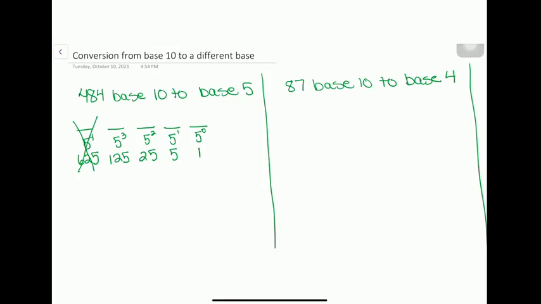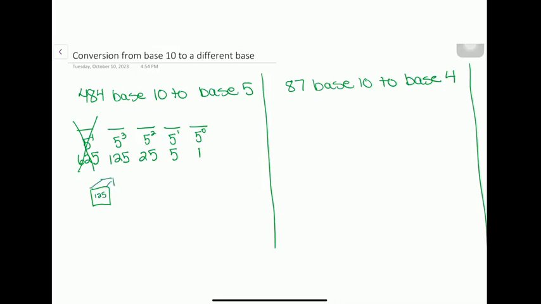So now we want to look at these boxes that hold 125. And you want to think of, how many boxes of 125 could I package to get close to 484? Well, if we package one box, that's going to be 125.